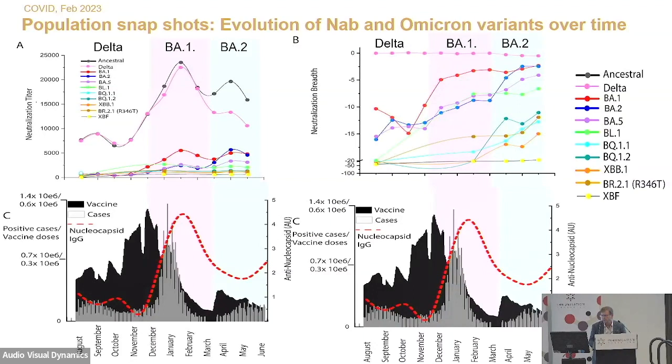And if you look at this in a different way, in breadth, you can see that these IVIG preparations have been able to uniformly cover Delta at the same rate throughout.